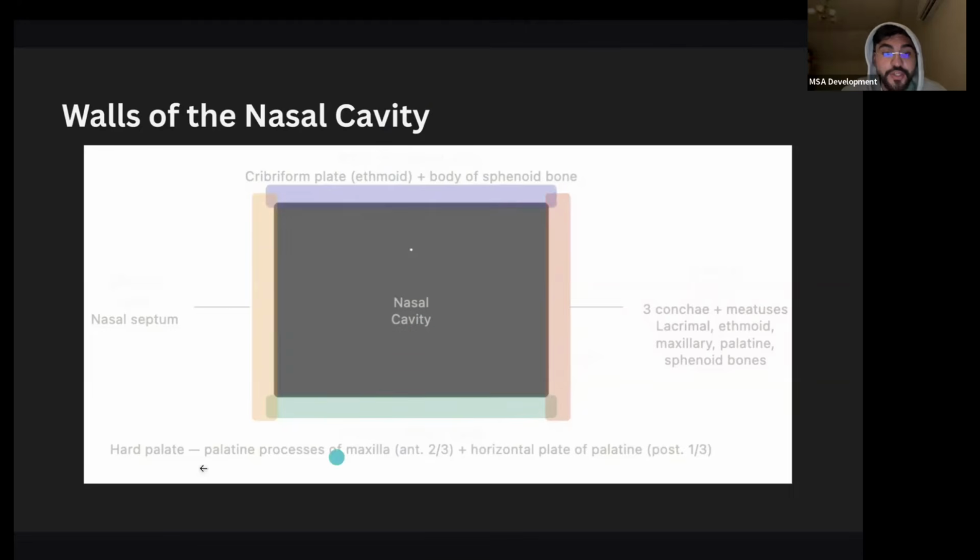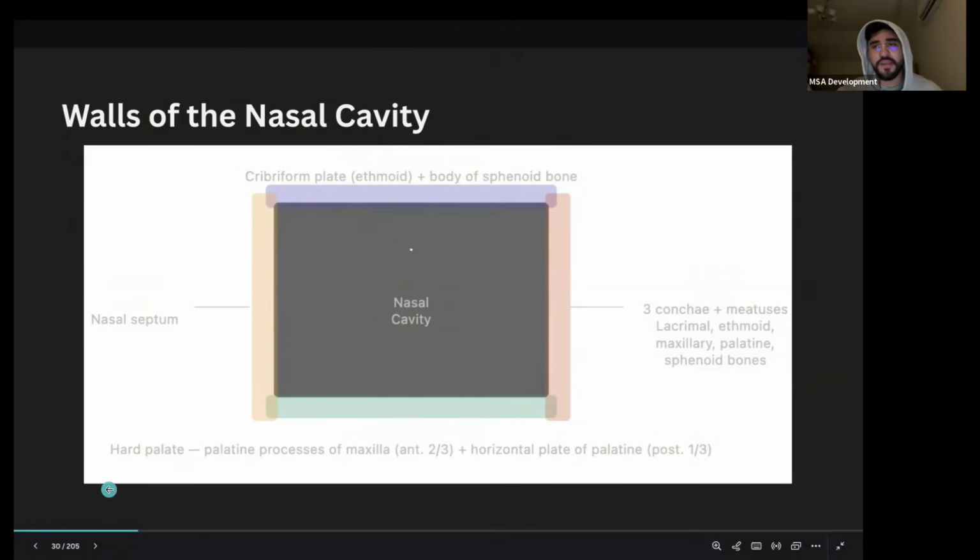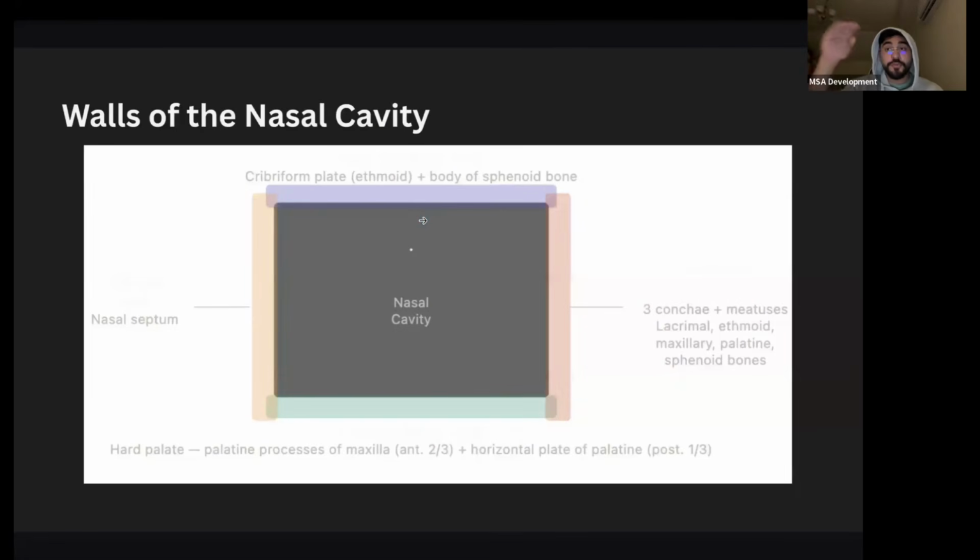And then inferiorly, you're going to have the hard palate, okay? Which is basically the palatine processes of the maxilla and the horizontal plate of the palatine, or just the hard palate, okay? So again, medial wall, nasal septum; lateral wall, the conchae and the meatuses that we've mentioned. Superiorly, or the roof, is going to be your cribriform plate and the body of the sphenoid bone, and the floor of the nasal cavity is going to be your hard palate. Okay, very, very high yield.